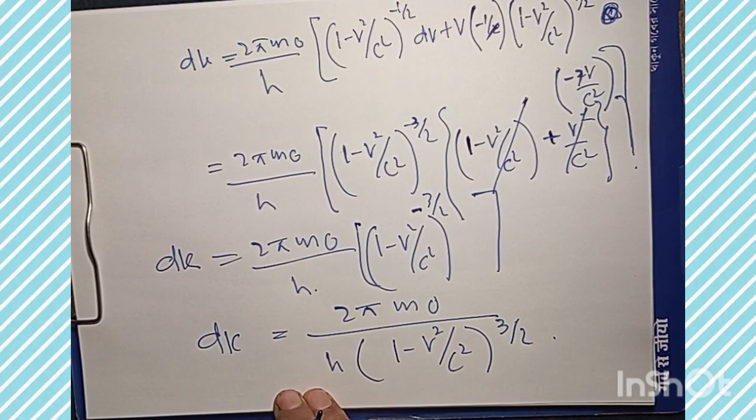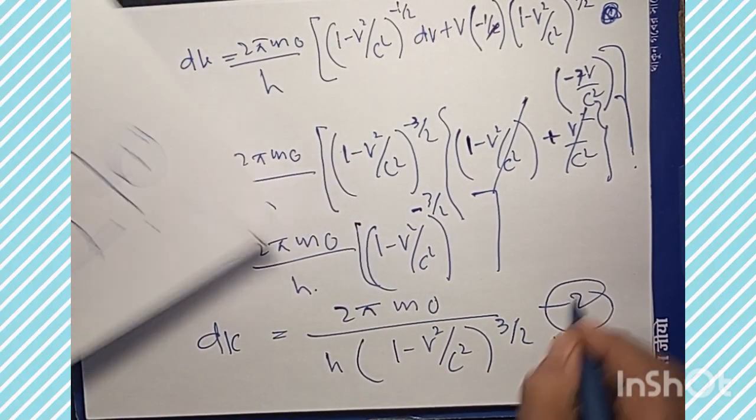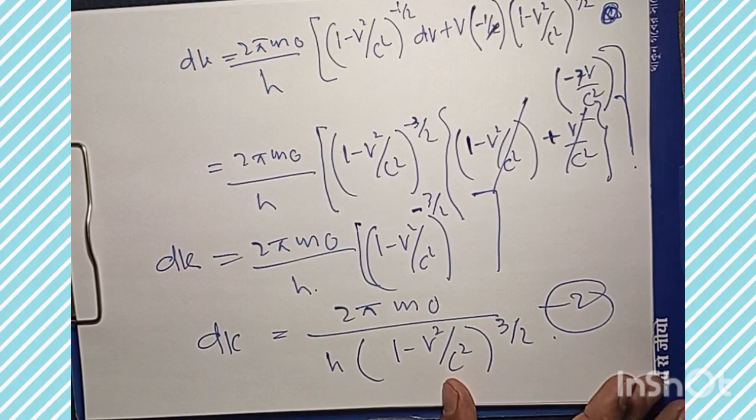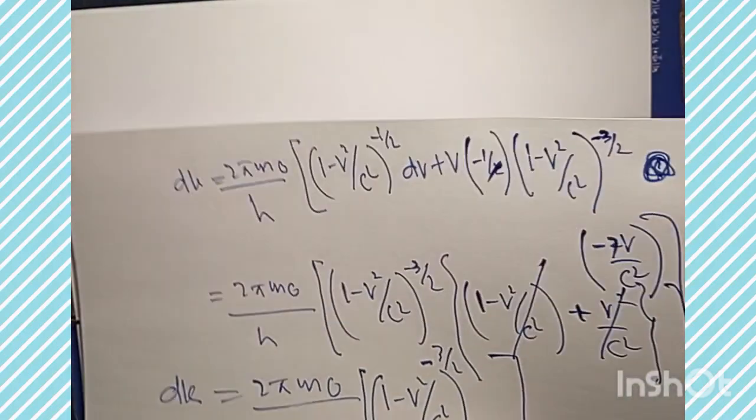Now, this is dk that was obtained. What was d omega? This is my equation number 2, right? So I would like to calculate this group velocity. What is group velocity?